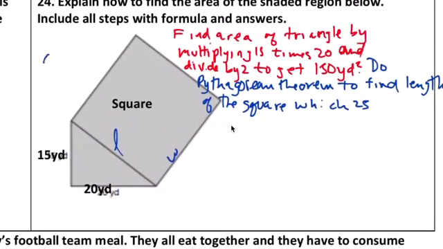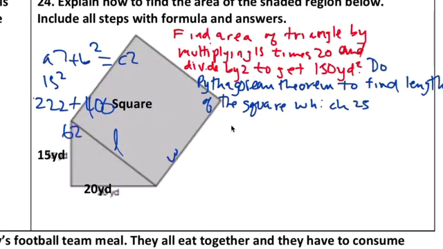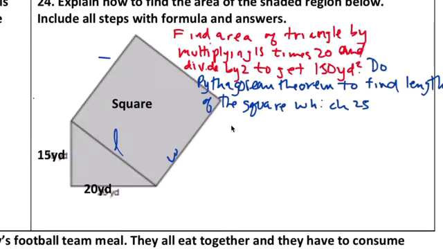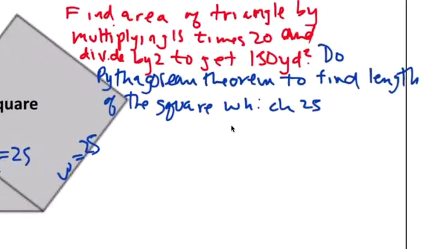Because you do a squared plus b squared equals c squared. 15 squared is 225 plus 20 squared, 400, that's 625, and the square root of 625 is 25. That's how I got the 25 as the length. And the width is also the same because it's the square. 25 yards.